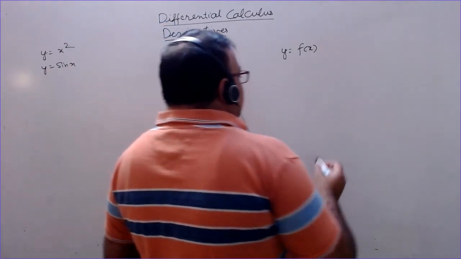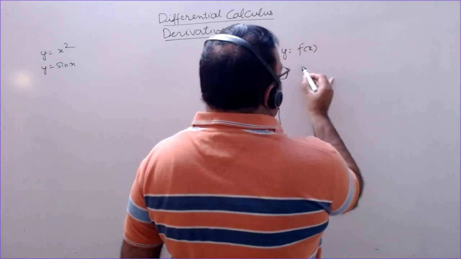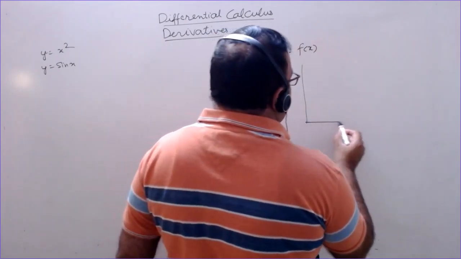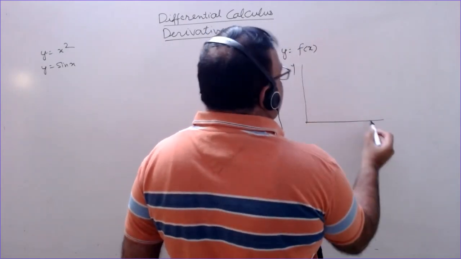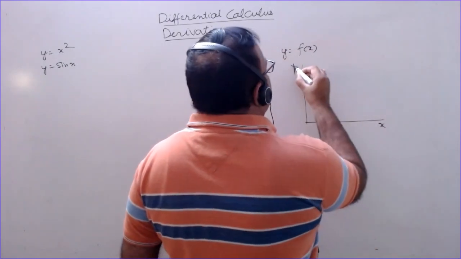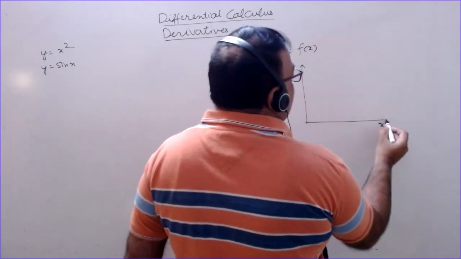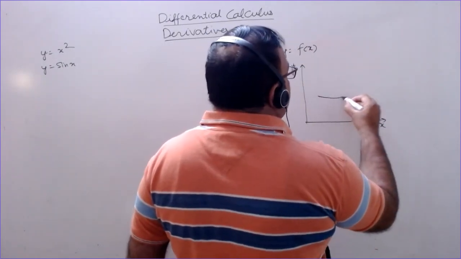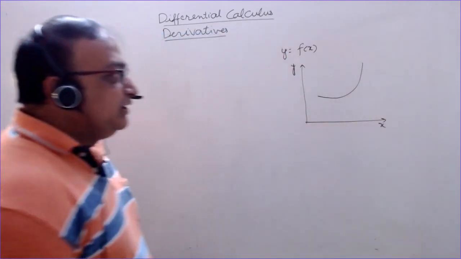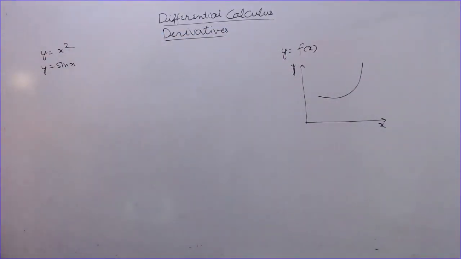If I plot the graph of this function, this is the y-axis and x-axis. Suppose the function looks like this. It is not necessary that every function looks like this; this is just a graph which I have plotted.